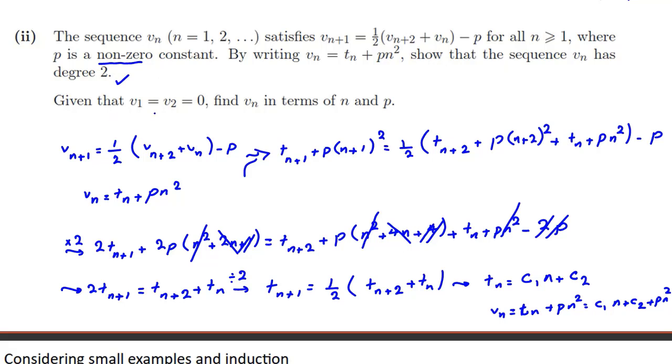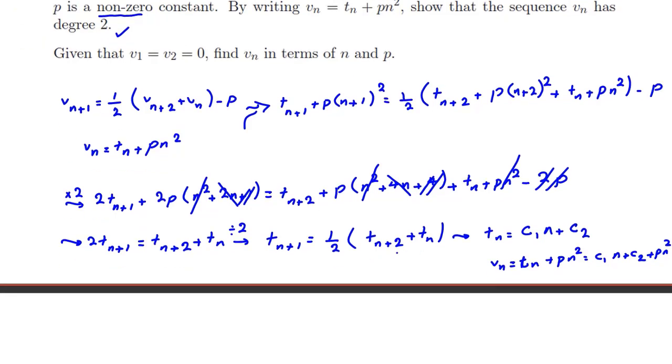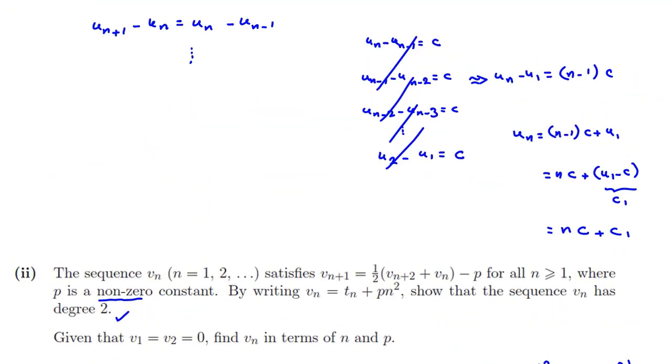Now it says given that V1 equals V2 equals 0, find Vn in terms of n and p. Okay, so let's replace. At first, we found this relationship for T, and we found un is nc plus something. C was the difference of successive terms. We want to find C and C1 for Tn.